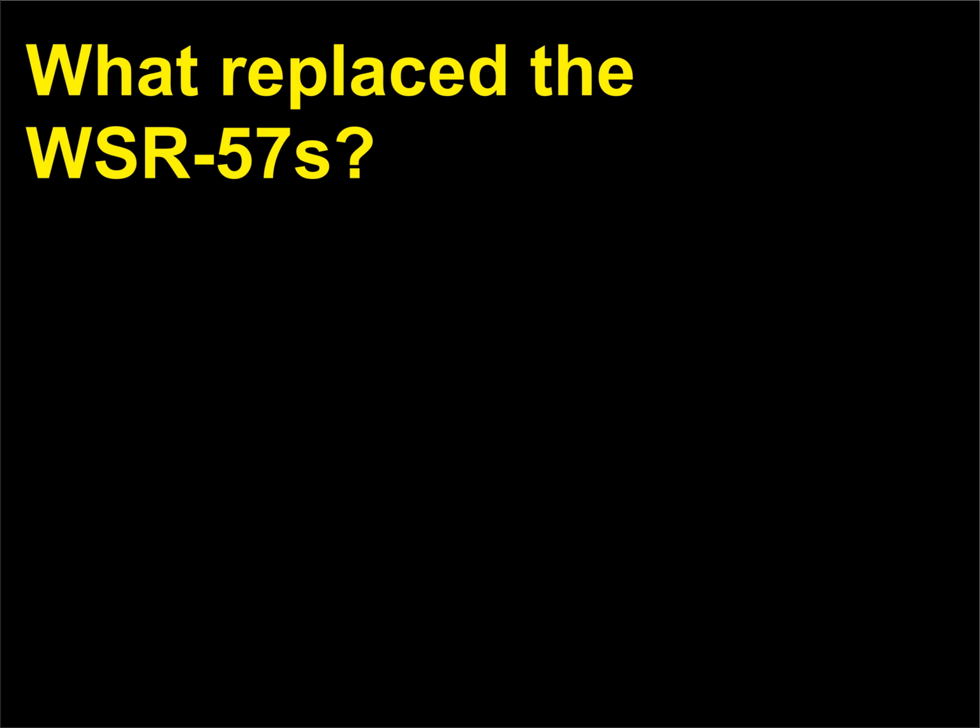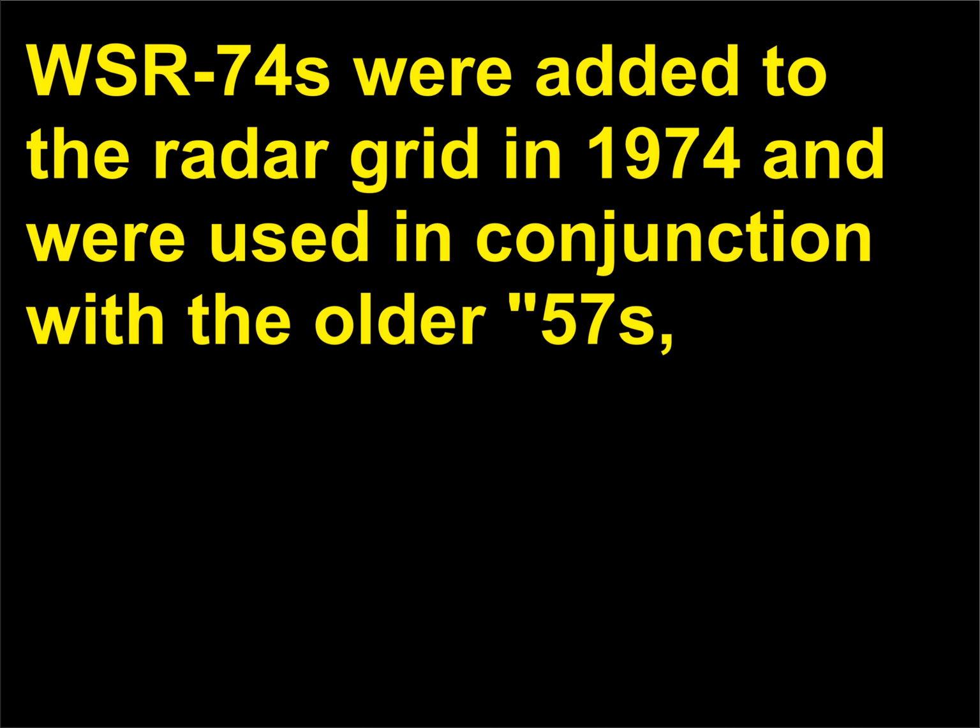What replaced the WSR-57s? WSR-74s were added to the radar grid in 1974 and were used in conjunction with the older 57s, as they were called.